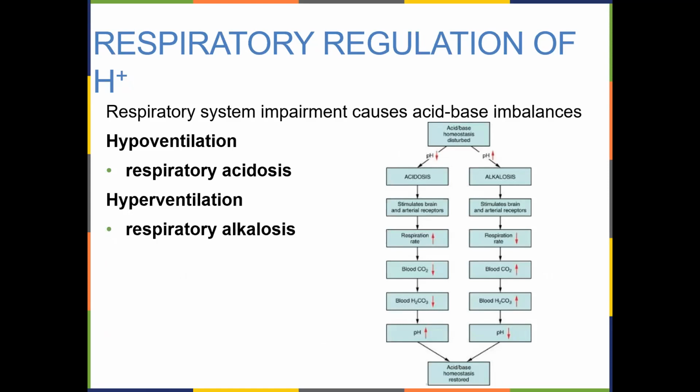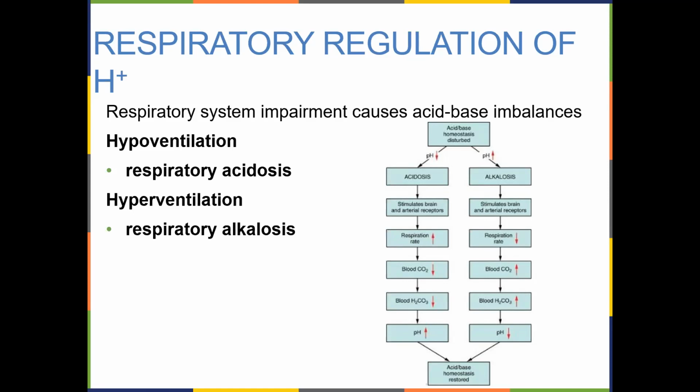Now, what happens if we have a problem with the respiratory system? We have hypoventilation problems. We have hyperventilation problems. If your patient can't breathe effectively, is there something wrong where they can't breathe?